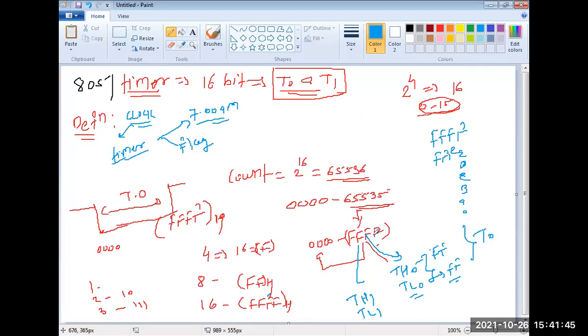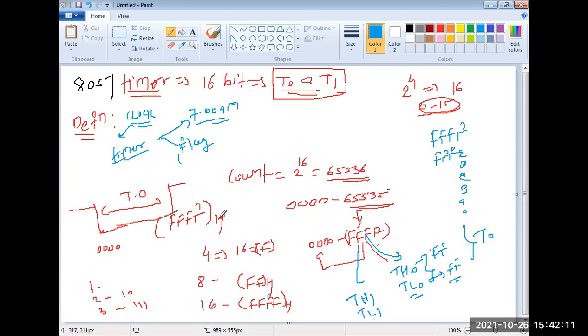When we start the timer, it decrements this value like this. Once decremented, it comes to the exact matching point. When the match occurs, it raises the flag, and by raising the flag we can take whatever action we want, so we can complete the task. Clear? Is it clear now?